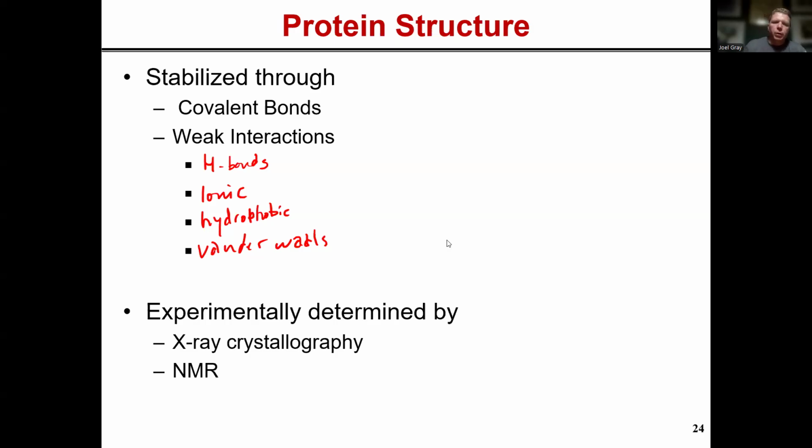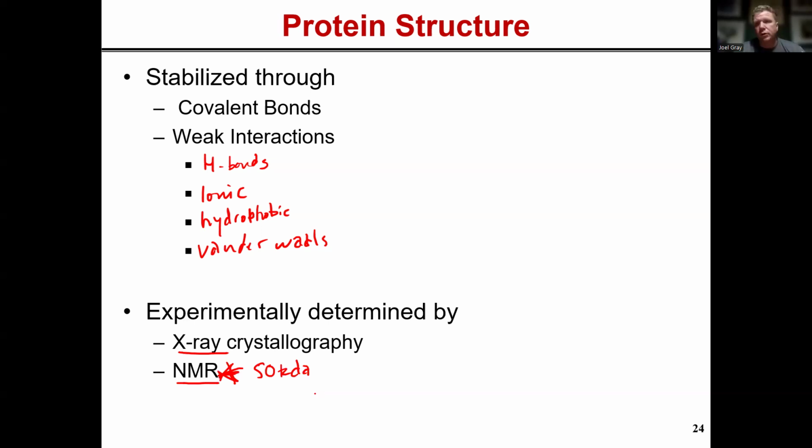Protein structure is determined primarily by X-ray crystallography and nuclear magnetic resonance, or NMR. These two methods are the most common methods. And if I remember correctly, they do have some limitations. NMR specifically has a size limitation: I think it's something like 50 kilodaltons.